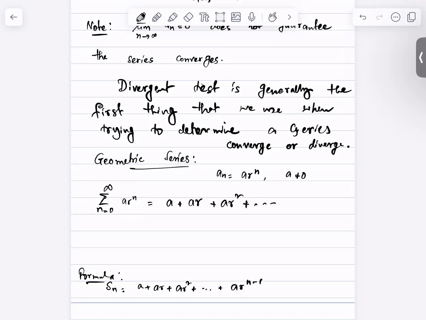It'll just continue. And each time you are just multiplying by r to get the next term.